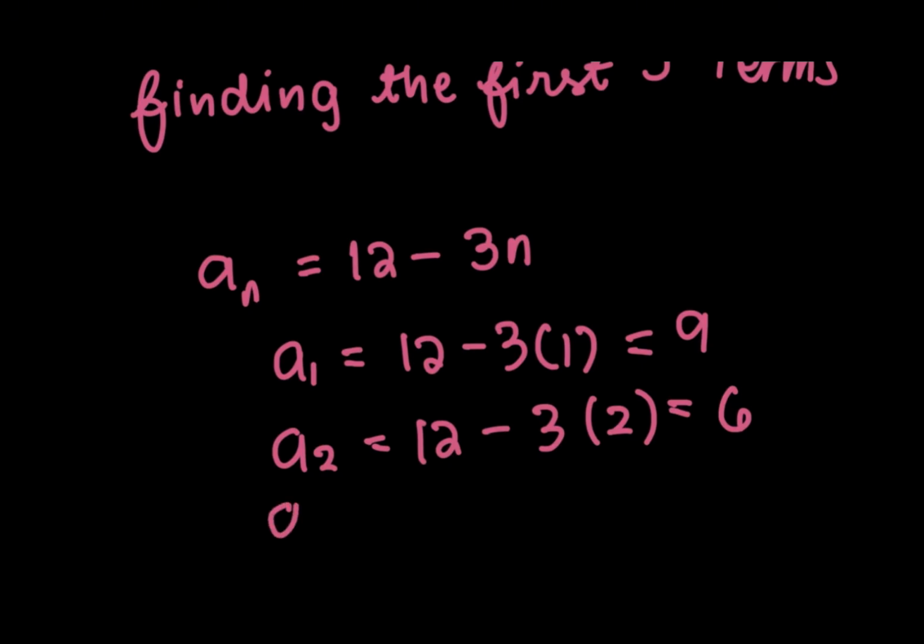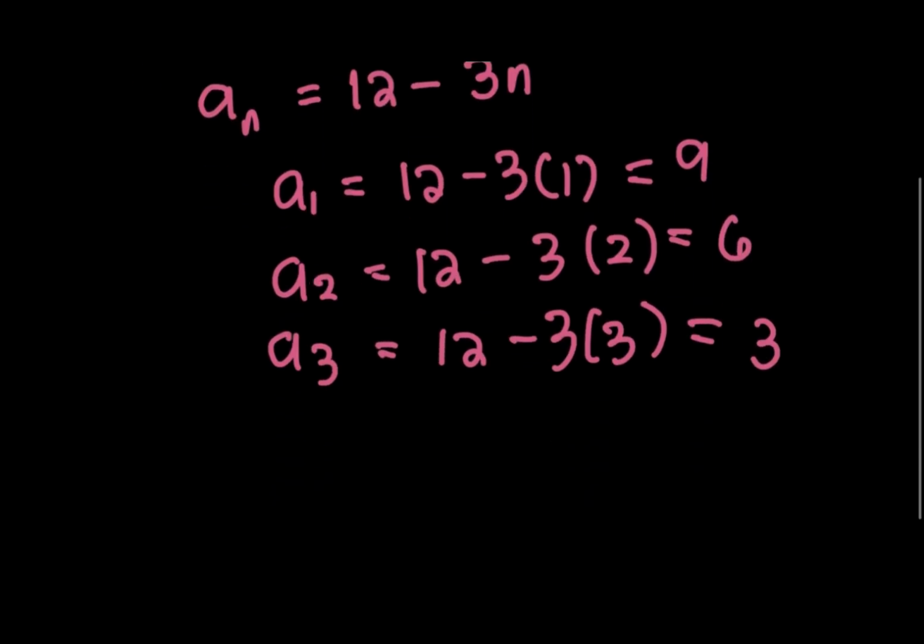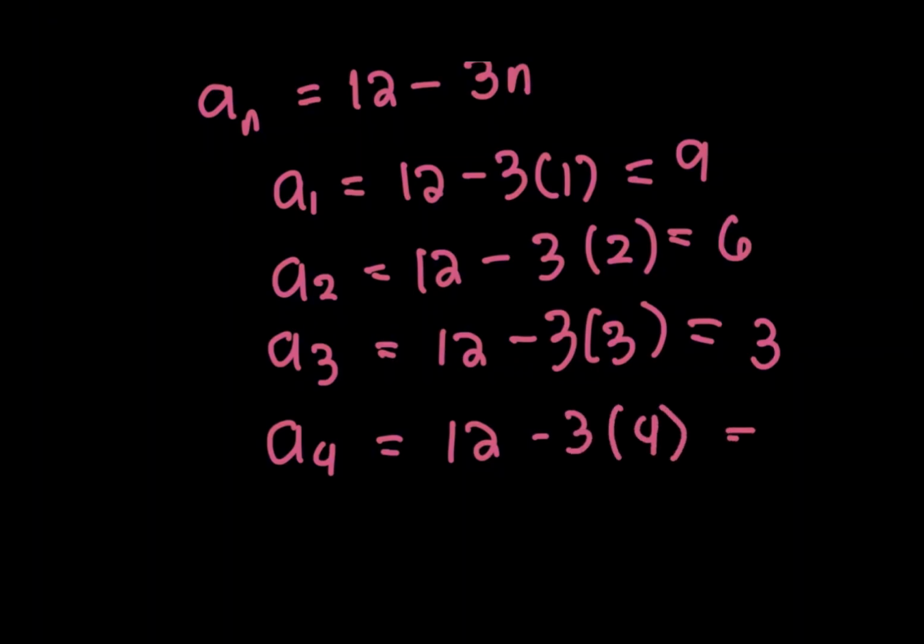Term 3, we have 12 minus 3 times 3. It gives us 3. And then following that logic, term 4 is 12 minus 3 times 4, that is 12. So what we have now is 0.